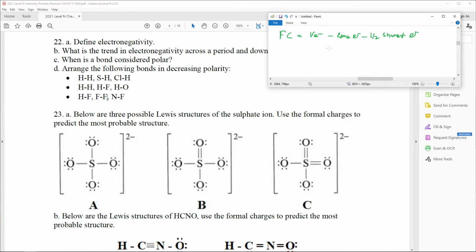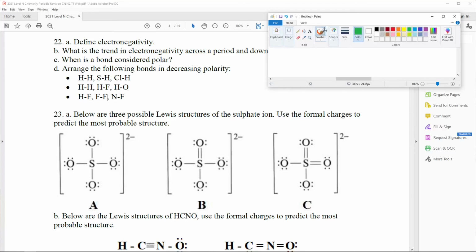The formal charge is the valence electrons of the atom minus the number of lone electrons minus half of the shared electrons. And of course we'd have to do this again and again for each different atom. Here, with different bonding, these two will have different formal charges, so you have to do each one separately, but you already know this.